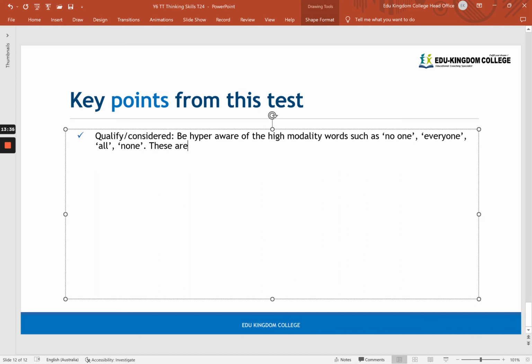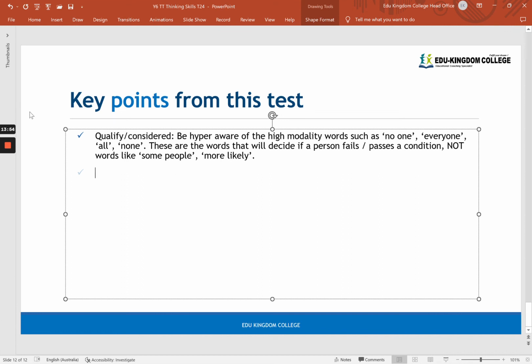These are the words that will decide if a person fails or passes, a condition. Not words like some people or more likely. So be very careful of that.